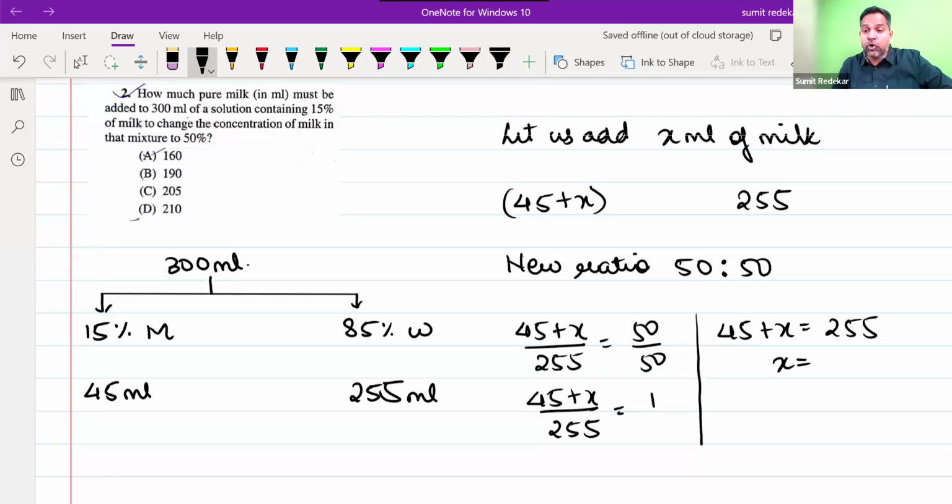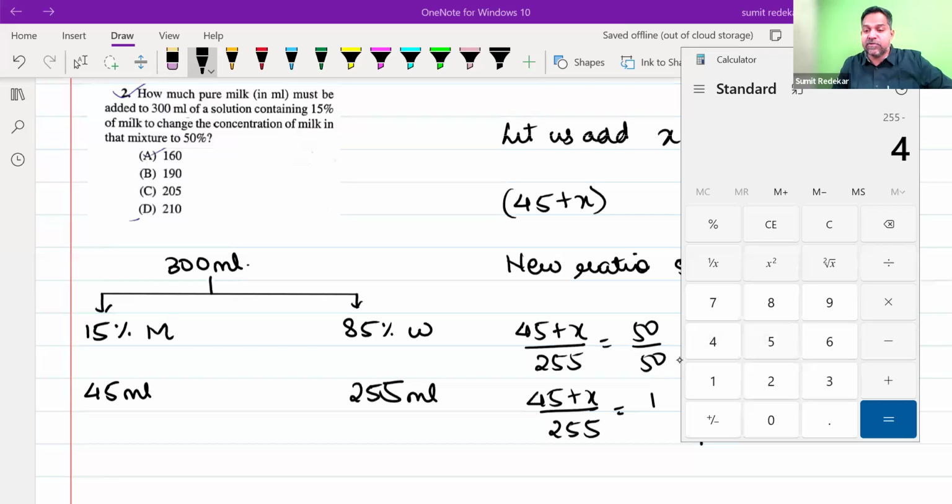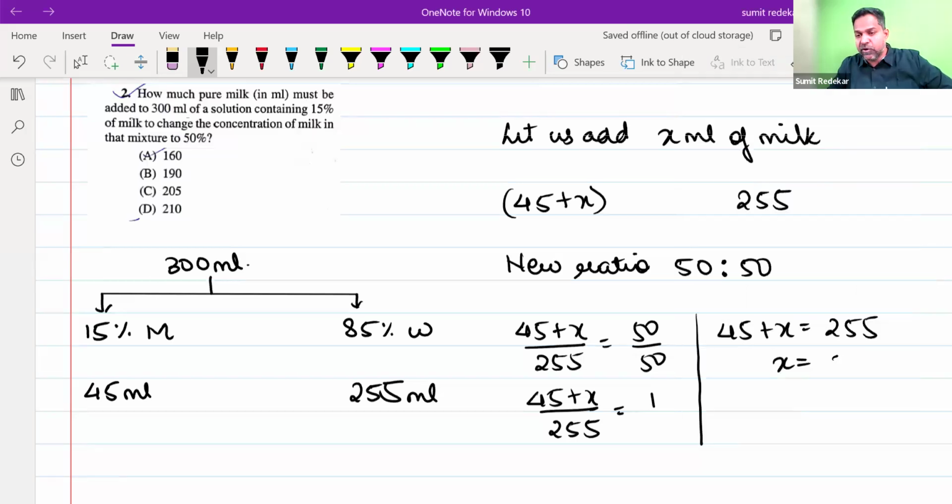X becomes 255 minus 45, and the answer is 210. Add 210 ml of milk so that they become equal in quantity. And that is the answer to question number 2, which is D.